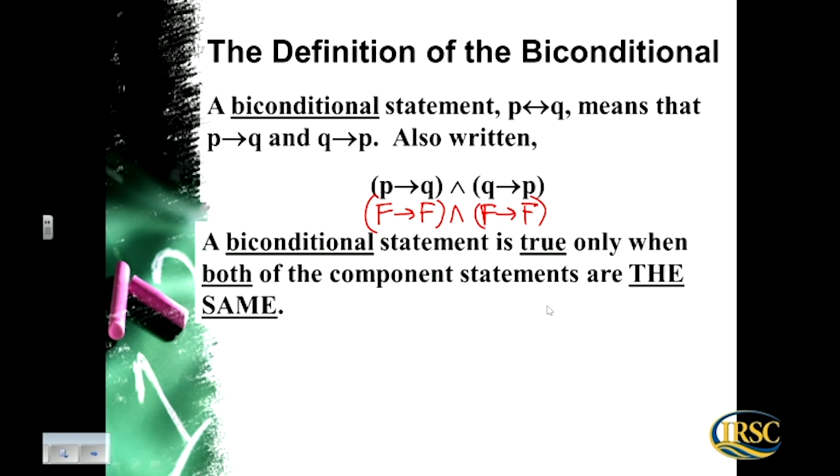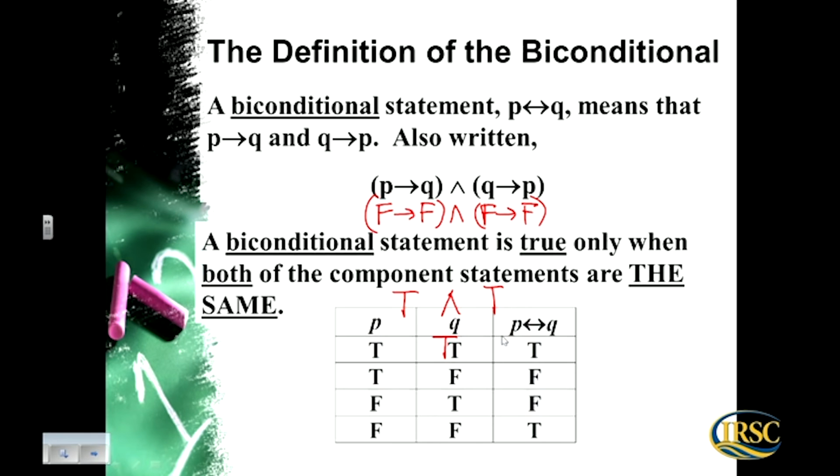Because the only time an if-then is false is when it's if true, then false. Okay, so this is still true, so therefore the other one's still true, and an and statement is only true when they're both true. So notice that when P and Q are both true and when P and Q are both false, then it's a true statement. Okay, so one more. Let's take a look at when, whoops, didn't mean to reveal that yet. But that's okay, you guys could have figured that out.